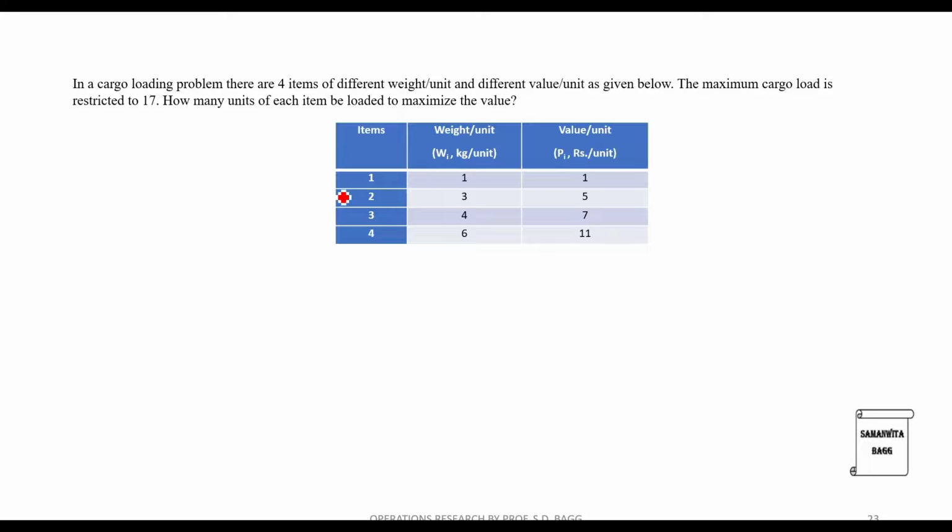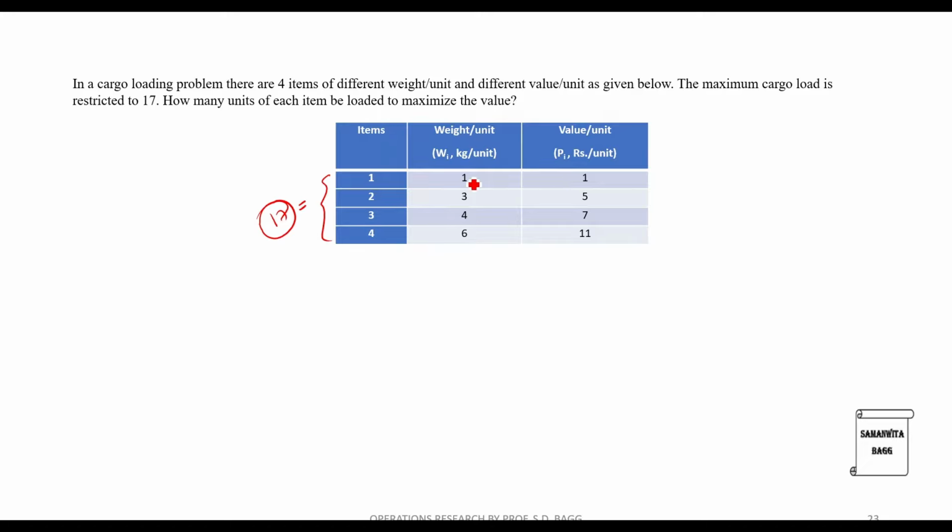So here you can see there are 4 items. This we have to divide and distribute such that the total maximum cargo load is equal to 17. So we have to decide the units of each item that would sum up to 17. The weight per unit Wi in kg per unit is given.